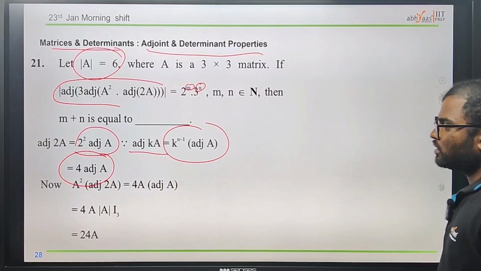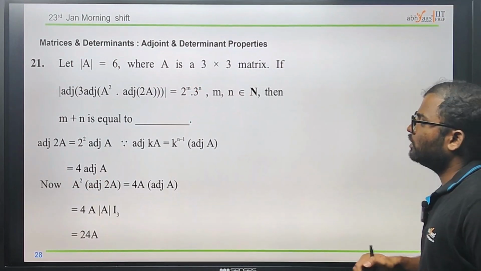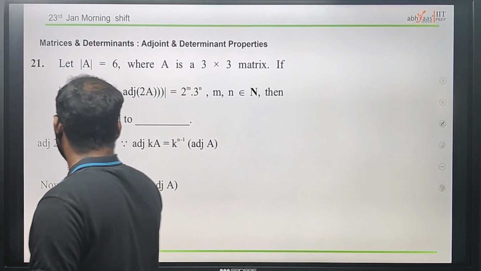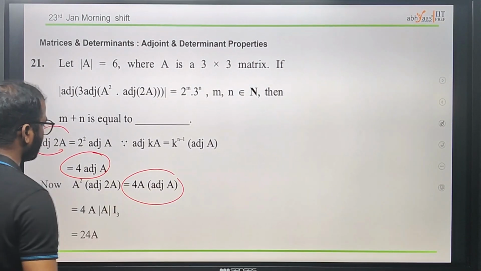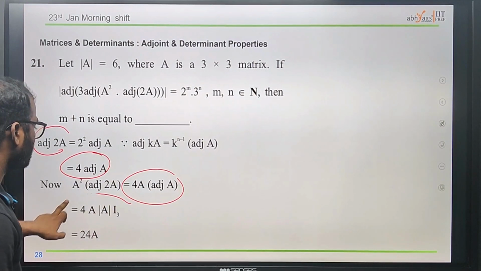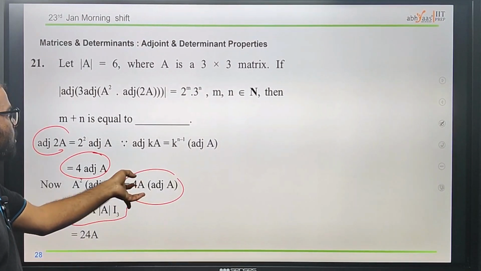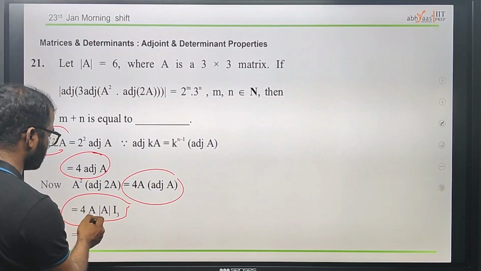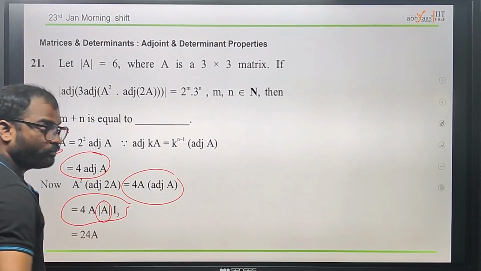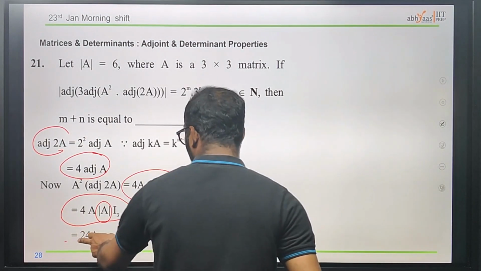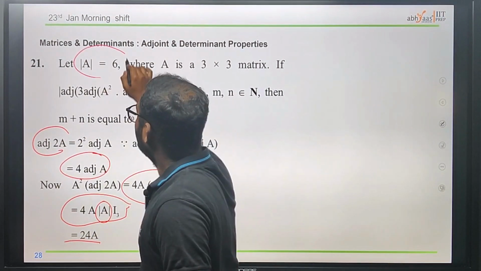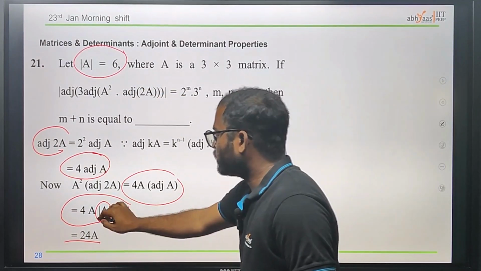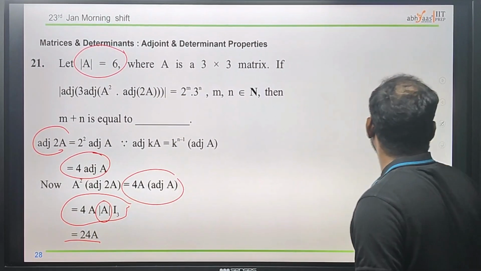Now we can write adjoint of 2A as 4 adjoint of A. That 4 can be taken outside. Therefore adjoint of A can be written again using k power n minus 1. I hope you understood. Now we got 24A, since we know this one is 6, and 4 times 6 will be 24.